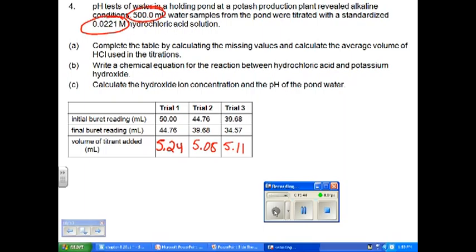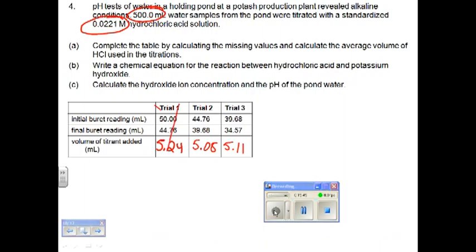So we lose trial 1. The difference between this one and this one is 0.13. Difference between here and here is only 0.03. So those are very close. So now we find the average between those two.